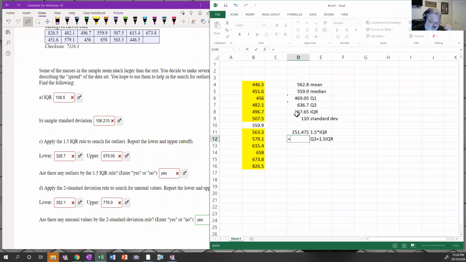So equals Q3 plus the 1.5 IQR, which again, I could just type 1.5 times and then reference the IQR cell. But since I found it there, I can just use that cell. Didn't need to have that extra cell in there, but if it keeps me organized, awesome. So that gives us the upper bound. Again, I can label that upper.